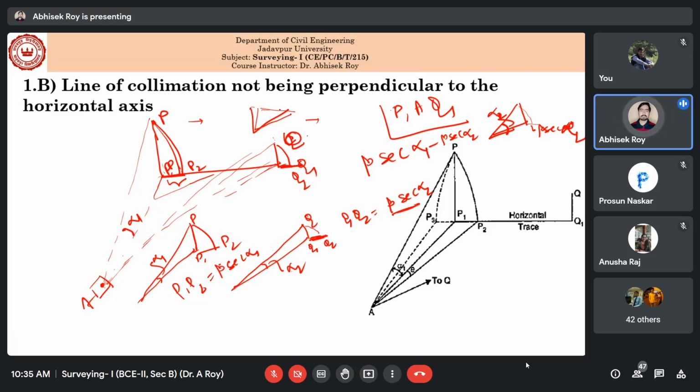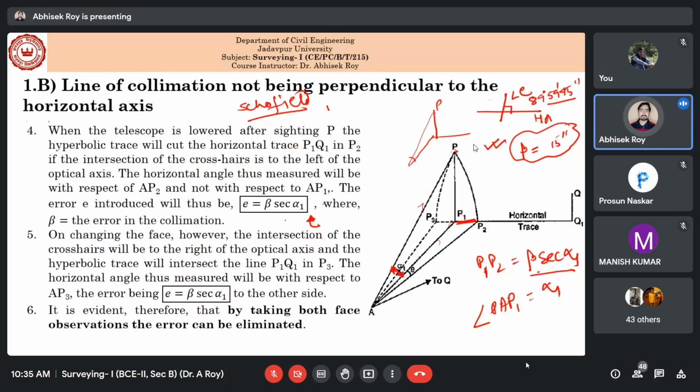To get that error, we have to calculate it, and the error will be this minus this one, right? So beta sec alpha 1 minus beta sec alpha 2 is the error. Is that clear? Is it clear to everyone?